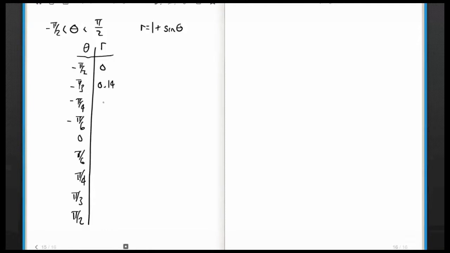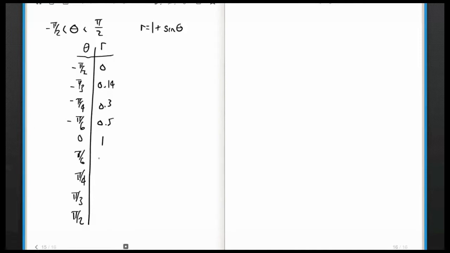And then the next one, pi by 4 is 0.707, so let's just call it 0.3-ish. And then pi over 6 is a half, so 1 plus a negative half is 0.5, and then sine of 0 is 0, so that's 1.